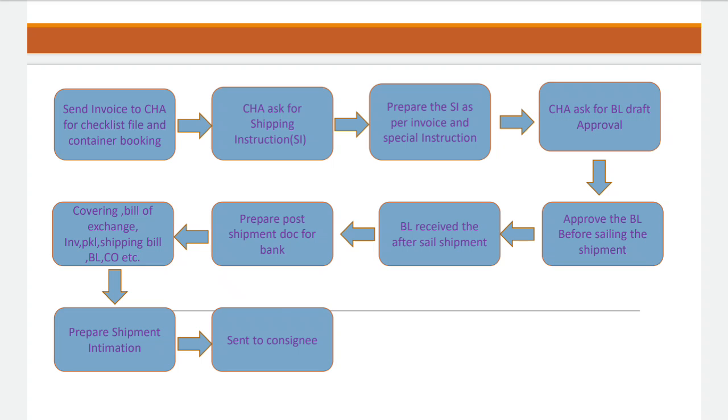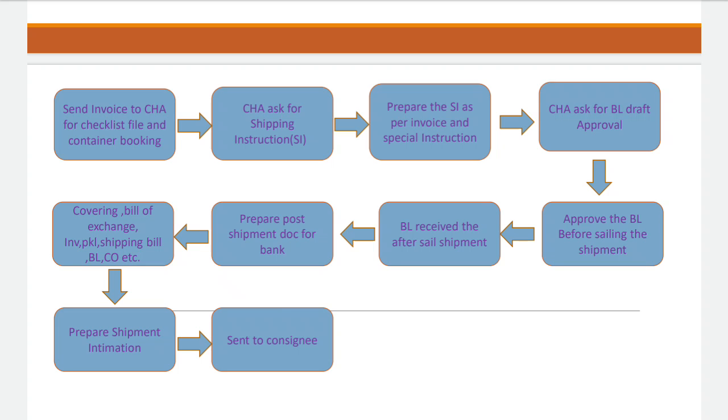Now comes the procedure for sealing the container. As per the authorized seal certificate sealing permission granted by the government, we seal the container and send it for examination through our CHA, and our CHA will help and present the documents at the examination time. In this way the procedure is done.